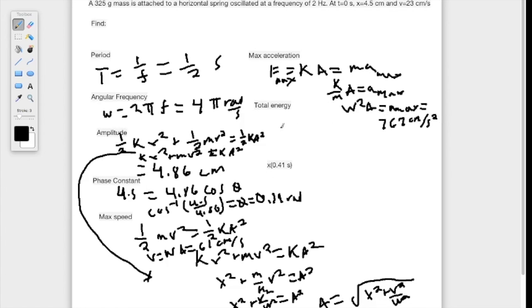And then the total energy. We can do this several ways. You can do KE at time 0 plus PE at time 0, or you could do potential energy max, or you can do kinetic energy max.